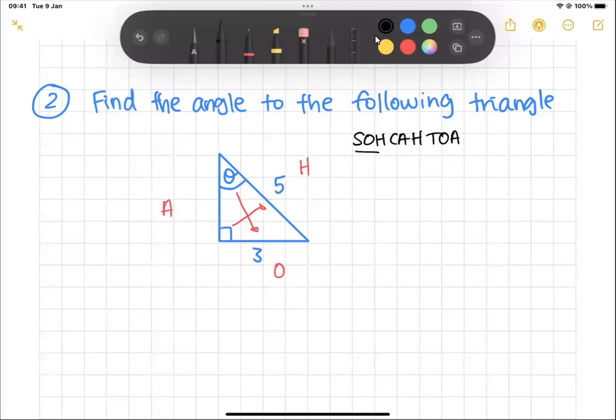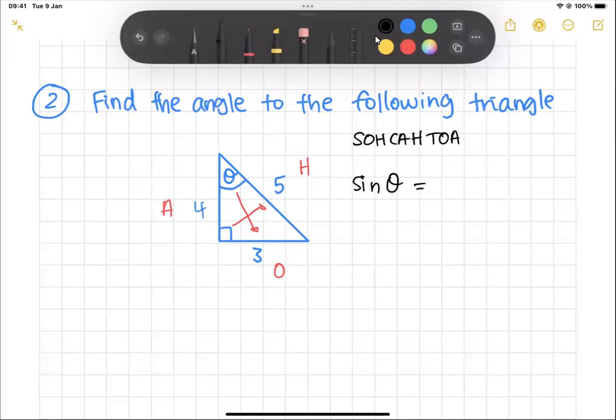O and H, that's the only thing I've got available. Just please make sure that you know when to use sine, when to use cos, and when to use tan.